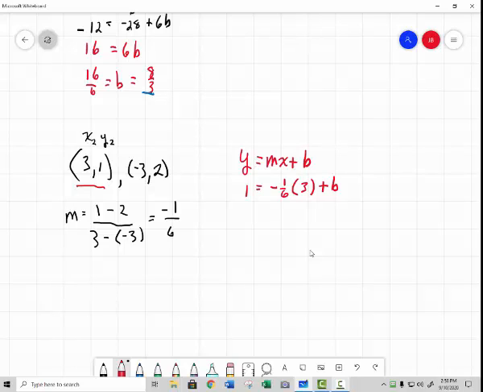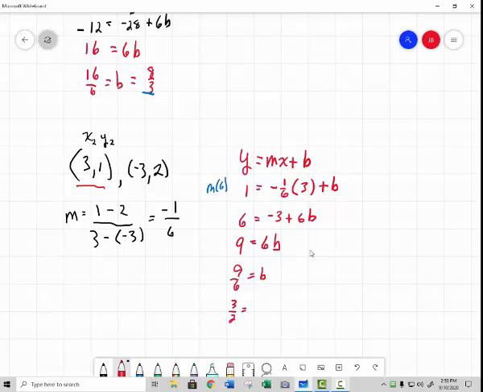Now here is where I would multiply both sides of this equation by 6. And the reason that I would do that is, if I do that, I end up with 6 equals negative 3 plus 6b. I don't have any fractions to deal with. I can now add 3 to get 9 equals 6b. If I divide by 6, I get 9 over 6 equals b. I'm going to reduce that by a factor of 3 to get 3 over 2. That's my value of b.